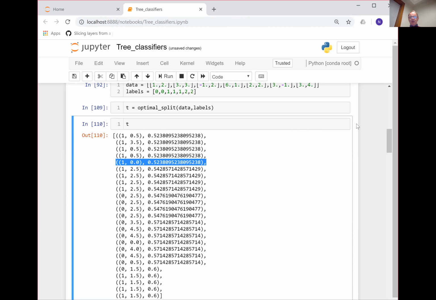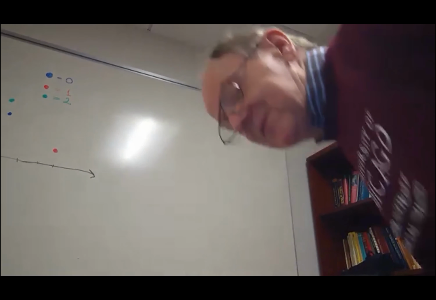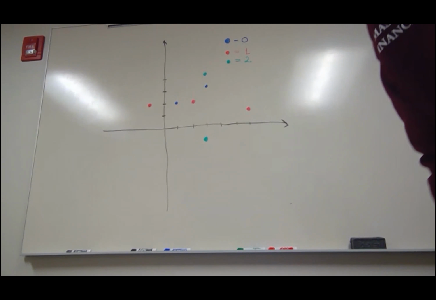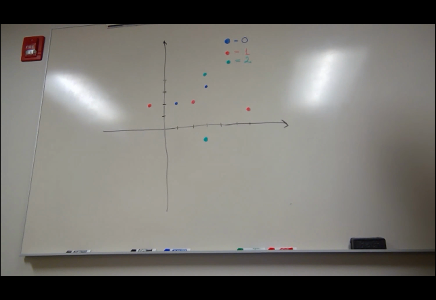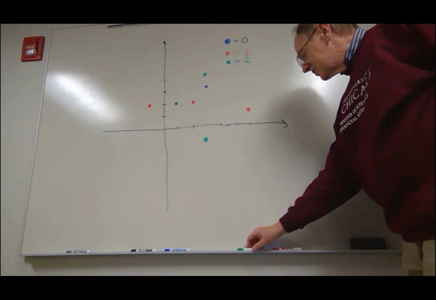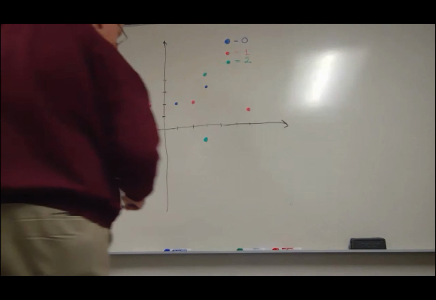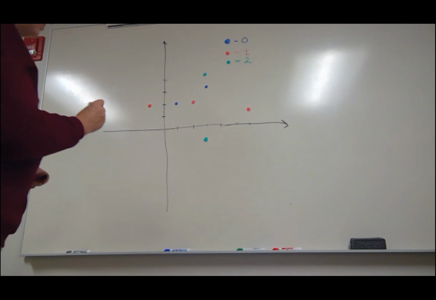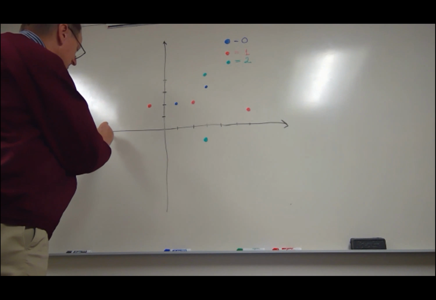0. So let me go to the board. Here I drew my data set, and the first split was at x2 equal to 0.